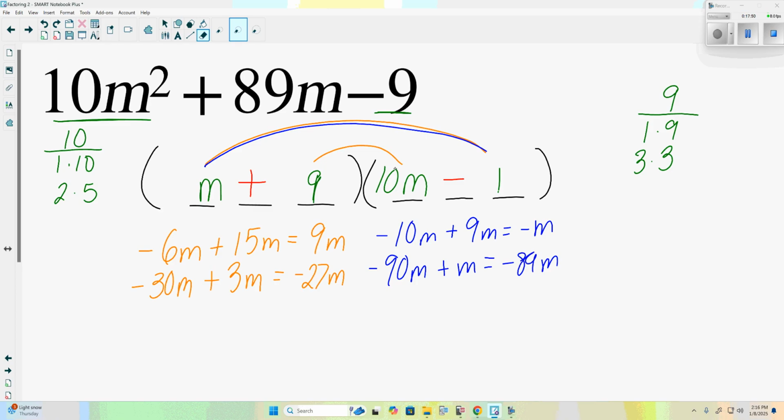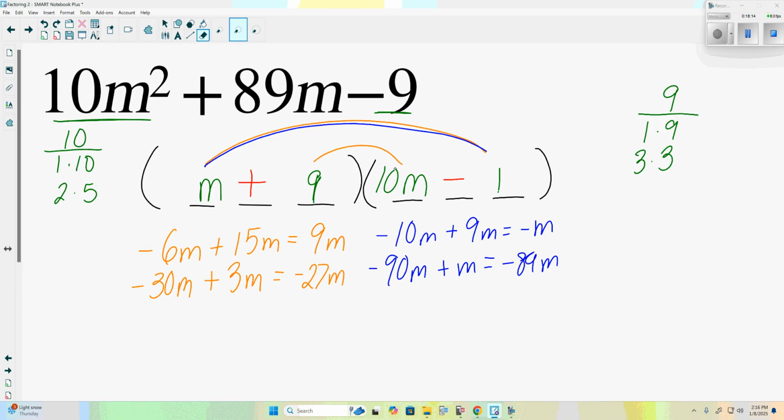It is the same answer, but we had to switch everything but the signs, or we can switch the signs. I'd rather switch the signs than switch everything else. But this is the same answer. 10m plus 9 times 10m minus 1, or 10m minus 1 times m plus 9, are the same answer.